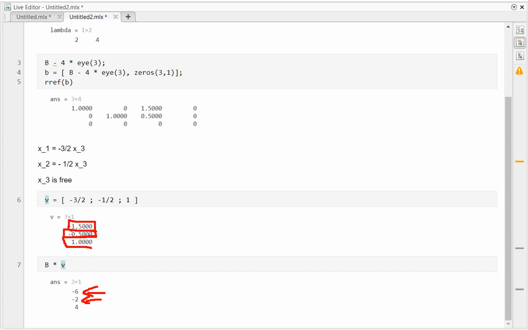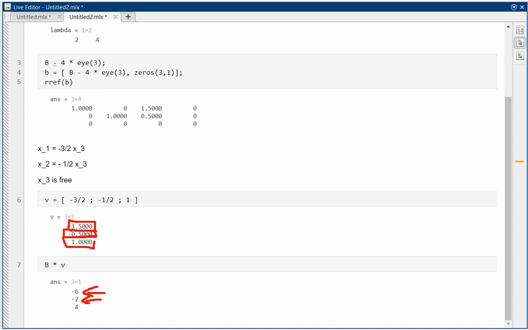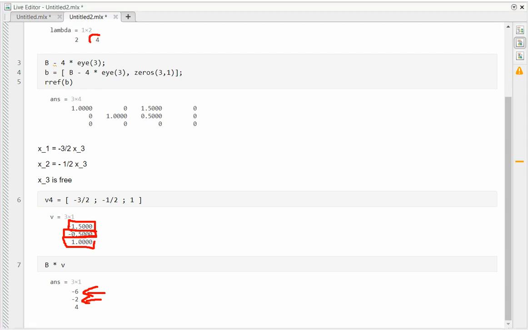And of course, 4 times 1 is 4. So what I found here is that B times, and let me call this v4, so I kind of have the idea that it's got a subscript that relates to the value of the eigenvalue. I'm thinking v4 as going with the eigenvalue of 4.